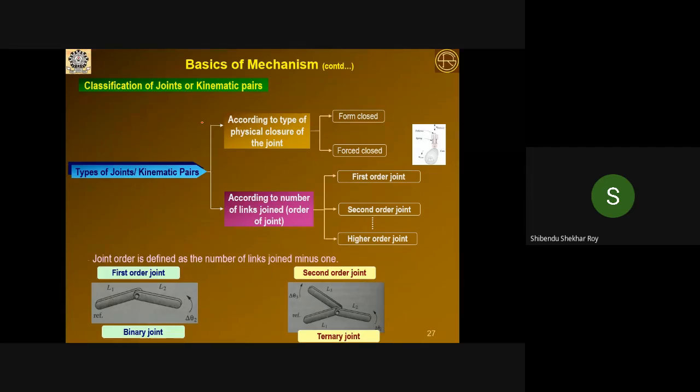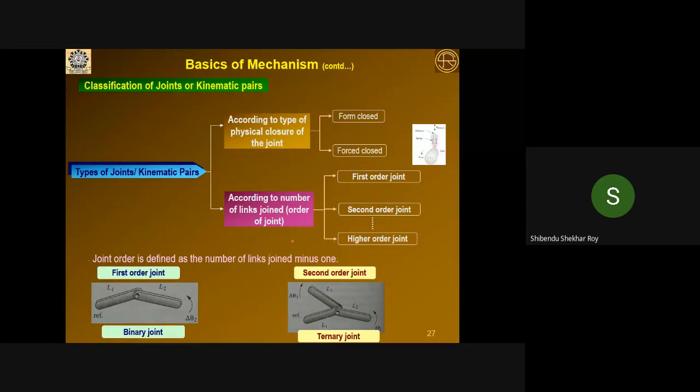Form close means the joint geometry is such that no external force is required; the two links in a particular joint remain in contact because of this geometry. But there are some joints where the two links are in contact due to the application of external force. That is called force close. That example, spring loaded, I will show you in the video.